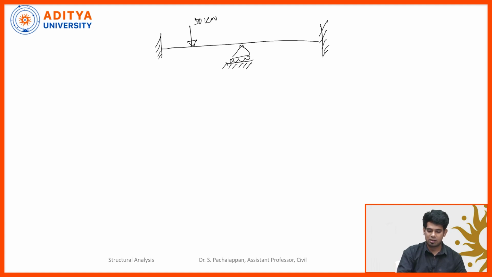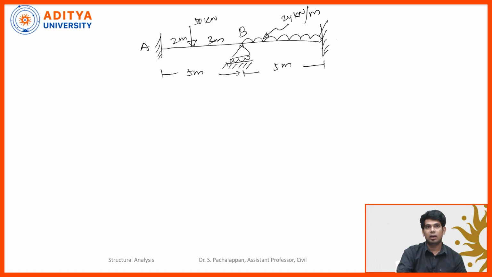The first span has the 50 kilonewton load, and the second span comprises the UDL, which is 24 kilonewton per meter. Each span is 5 meters, and this is 2 meters, 3 meters. Let's mark the supports A, B and then C.